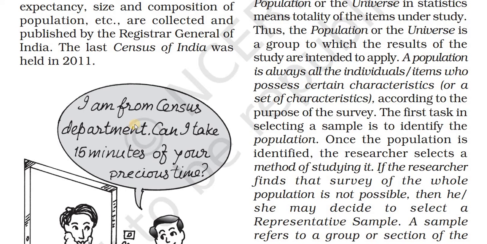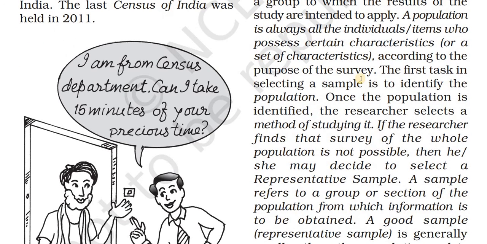The first task in selecting a sample is to identify the population. Once the population is identified, the researcher selects some method to study it. If it is possible, the researcher will select the whole population, and otherwise the researcher will select some representative samples.